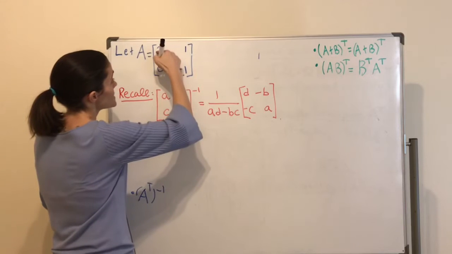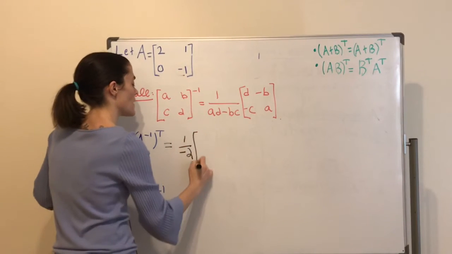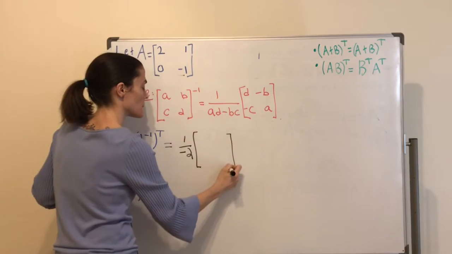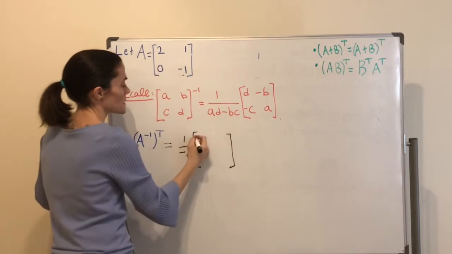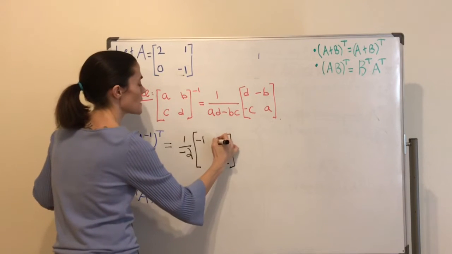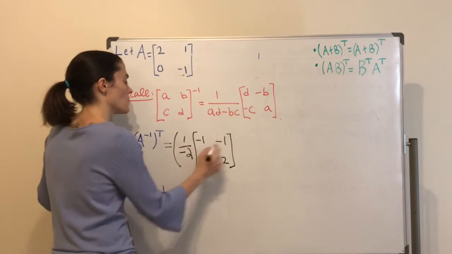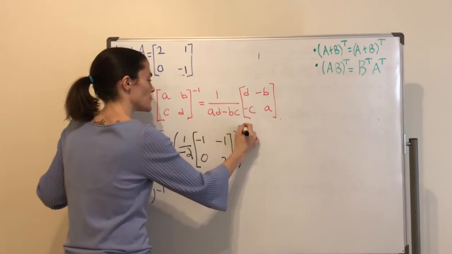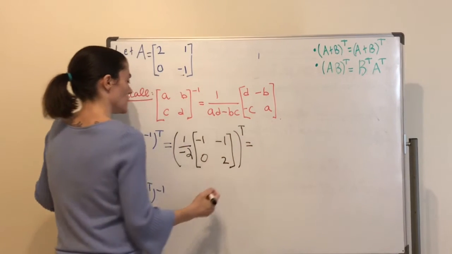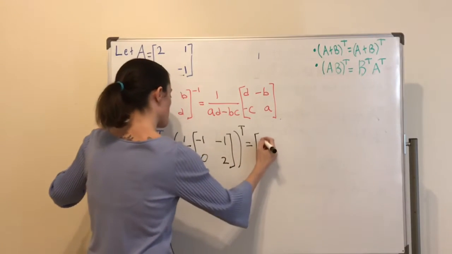So this is -2, so 1 over -2, and then you interchange what's on the diagonal, take negatives of what's on the off diagonal. Okay, but then transpose, right? Now, maybe before I transpose, let me bring this inside.